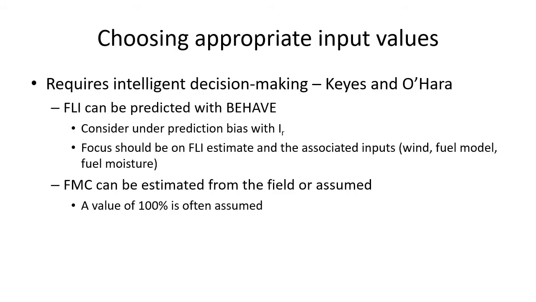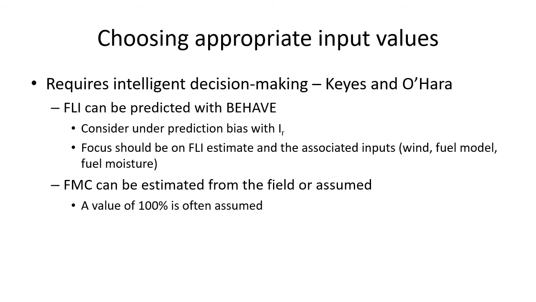So whenever we're doing this, right, we need to think carefully about the input values we select. Keyes and O'Hara call this intelligent decision making. Essentially we can predict fire line intensity from Behave, and when we're doing so, we might want to consider that there's been some suggestion that Behave underpredicts fire line intensity. So maybe we want to be a little conservative and use a higher number there.